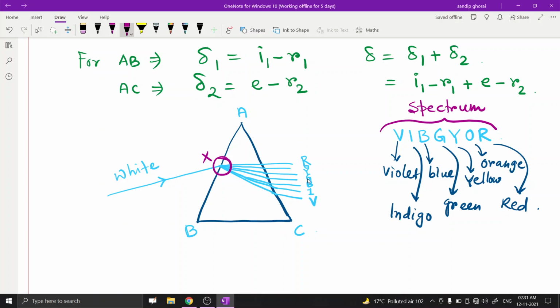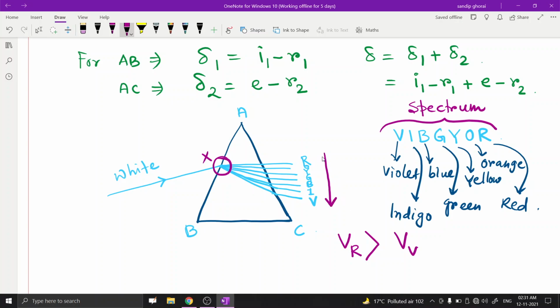So that is why we get a spectrum like this. If we arrange the 7 colors with respect to velocity, we can say velocity of red is greater than velocity of violet. This is velocity decreasing order.